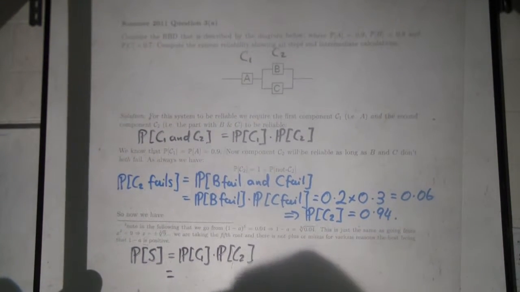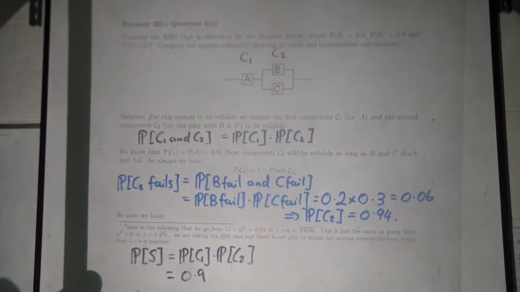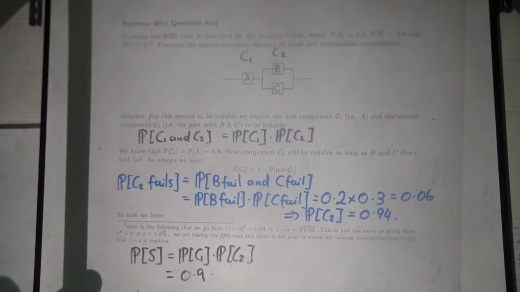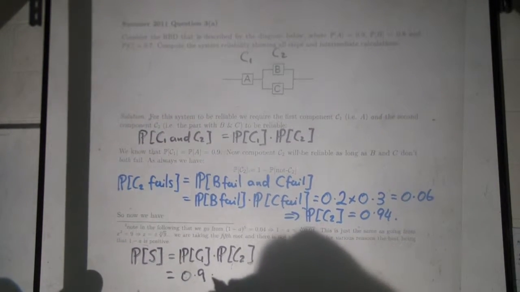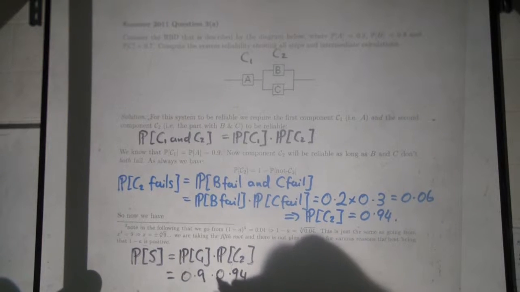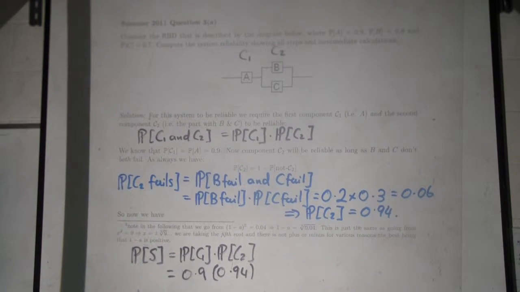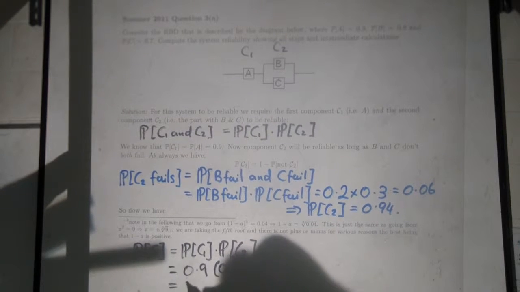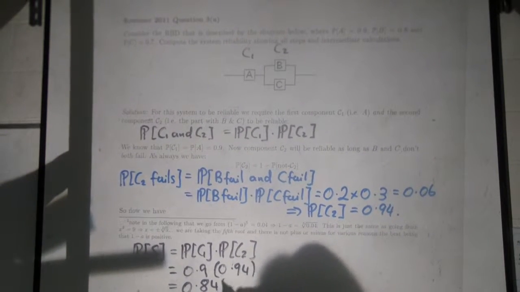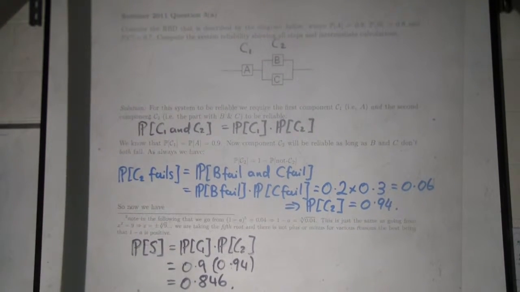The probability that the first component works is given in the question, 0.9, and we found that the probability that the second component works is 0.94. And we get an answer of 0.846. So 85% of the time when the temperature goes critical, this system works.